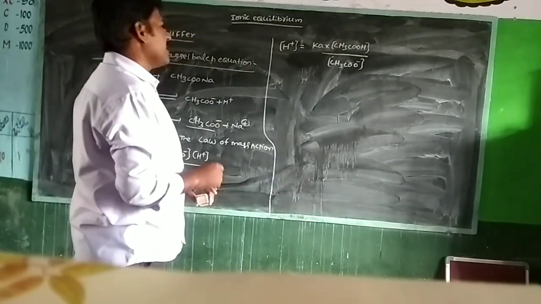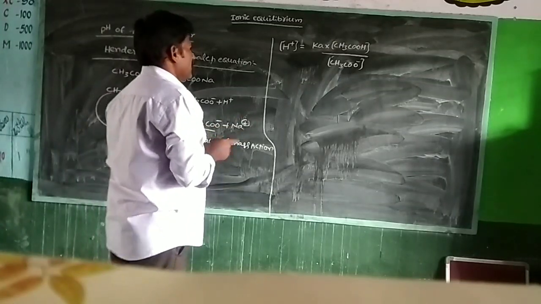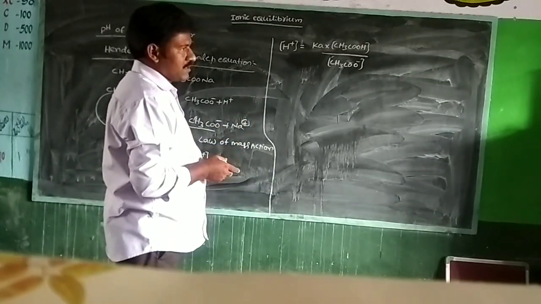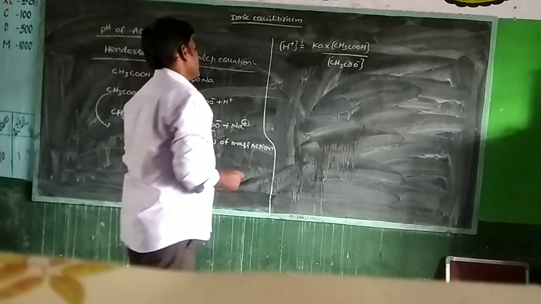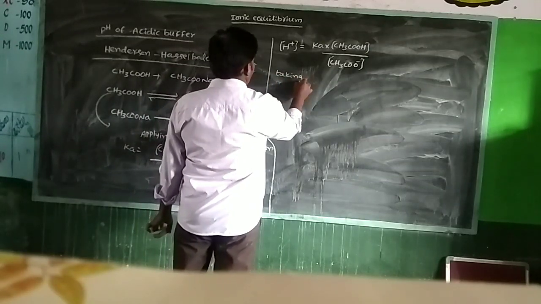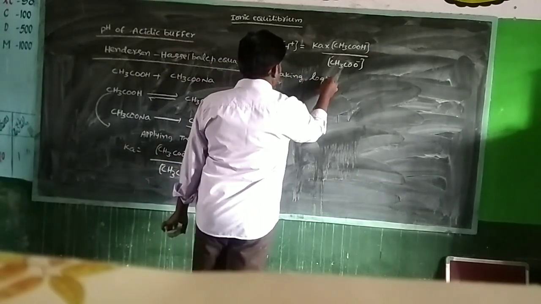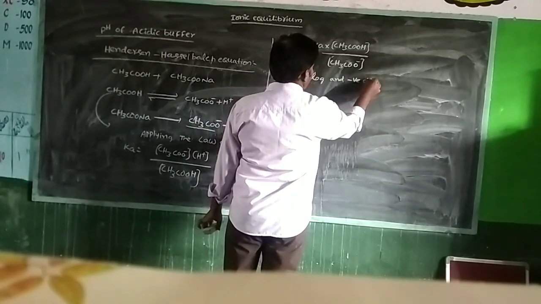You apply logarithms and the negative sign on both sides. Taking logarithms, log and negative on both sides.